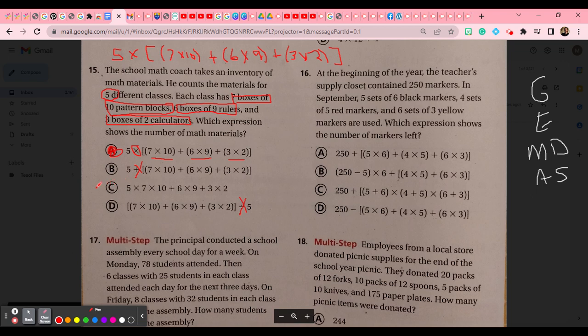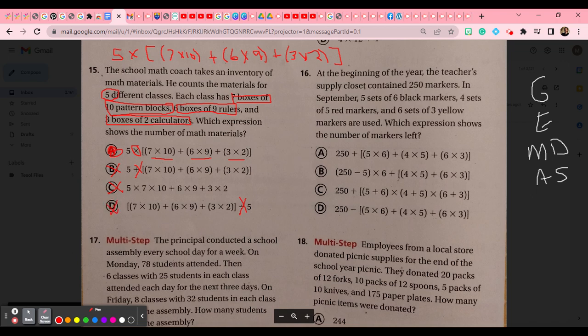It's just not put together properly, and so our answer would be wrong, because we need groups to do each operation separately before we add them together and then multiply by 5. So C is out, B is out, and D is out. So the answer is A.